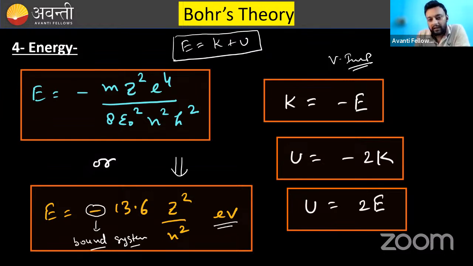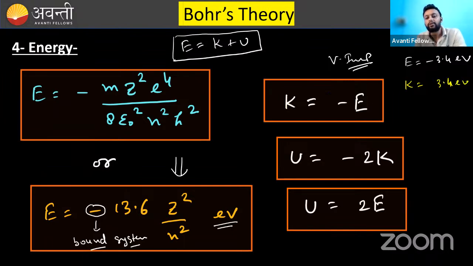What it says, kinetic energy is negative of total energy. For example, if I say that total energy is minus 3.4 electron volt, then the kinetic energy will be 3.4 electron volt.